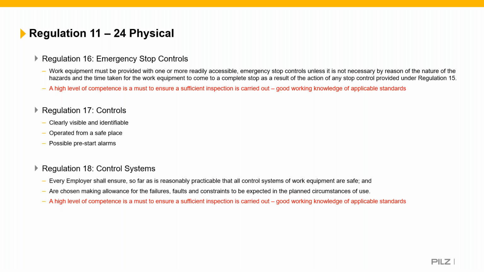So in relation to prevention of any corruption via a cyber attack or unintentional software mods by somebody sticking a USB stick into a machine locally or something like that. So again, good working knowledge of the standards that are there, and control so that only competent persons are able to make sure that any changes to that control system can be done in a safe and controlled manner.